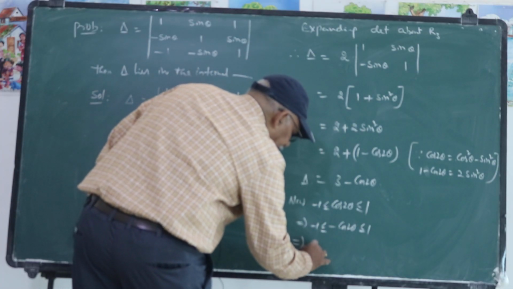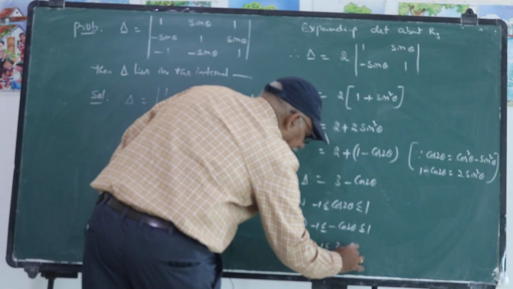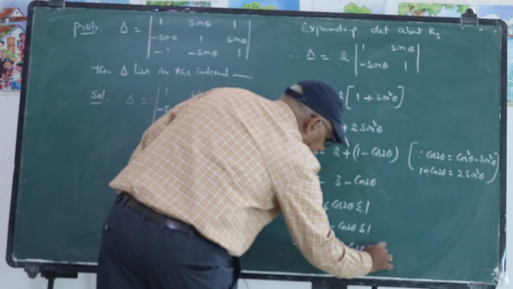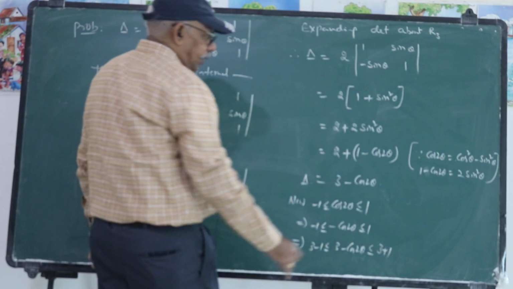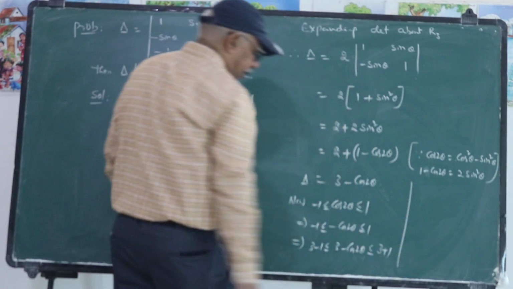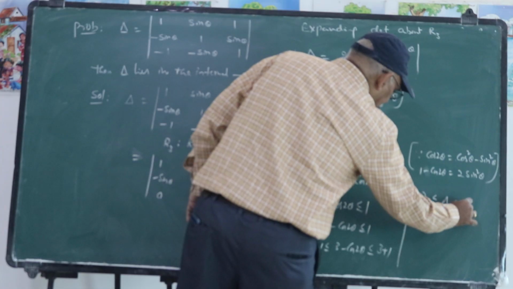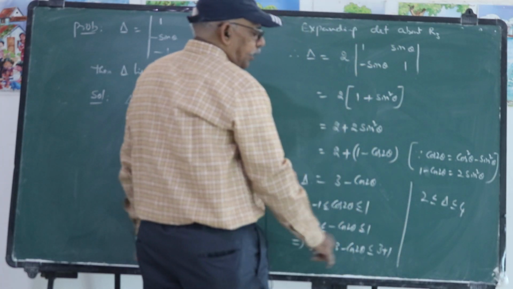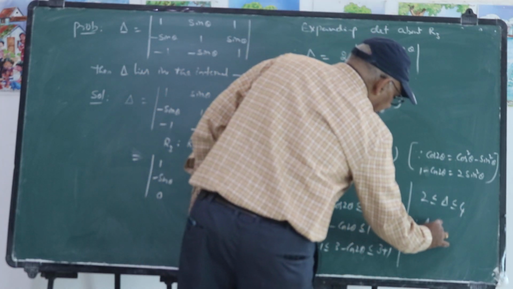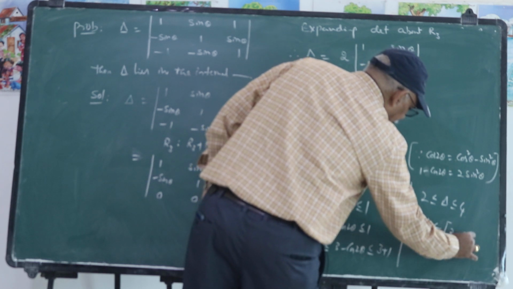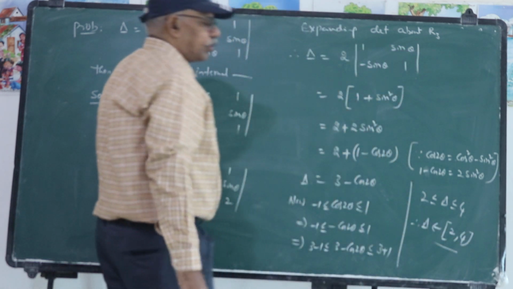Adding 3, 3 minus 1 is less than or equal to 3 minus cos 2 theta, which is less than or equal to 3 plus 1. Therefore 2 is less than or equal to delta, which is less than or equal to 4. Therefore, delta belongs to the closed interval 2, 4.